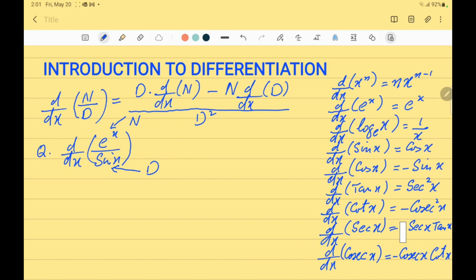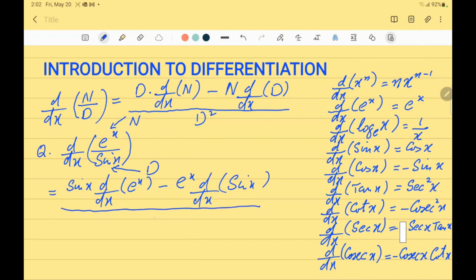So let's apply this formula for the solution of this question. First we have to write d, which is sin x, multiplied by differential of n, which is e^x in this case, minus we have to write n, which is e^x, multiplied by differential of d, which is sin x in this case, over d square. D is sin x in this case.